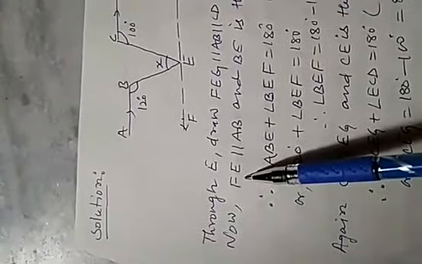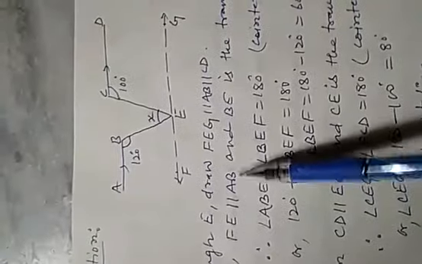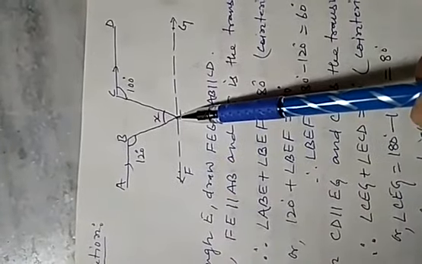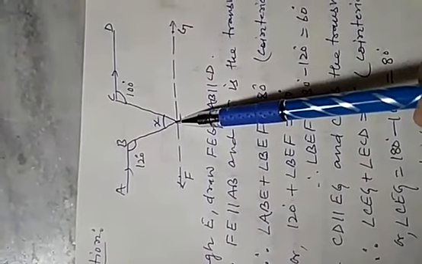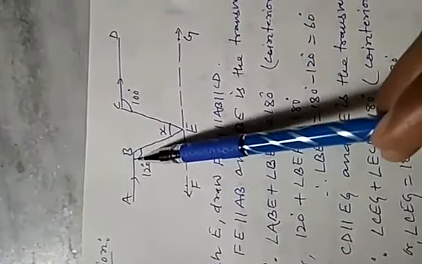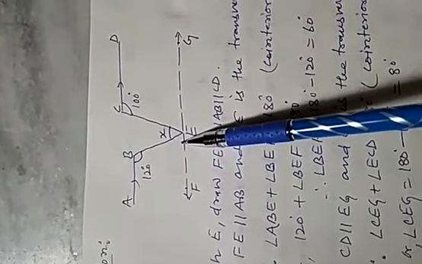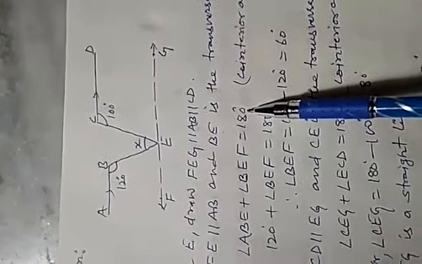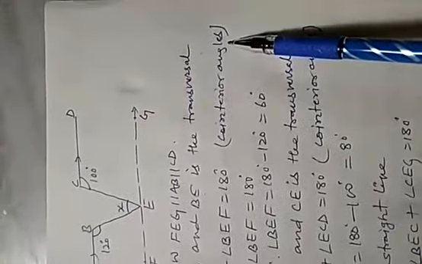Now FE is parallel to AB and BE is the transversal. Angle ABE plus angle BEF is equal to 180 degrees. The sum of these two angles is equal to 180 degrees.